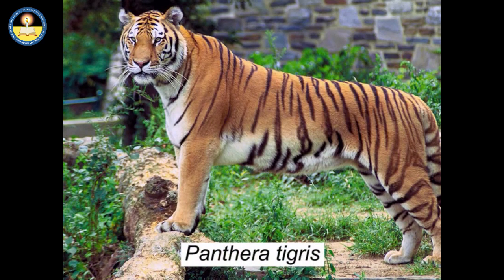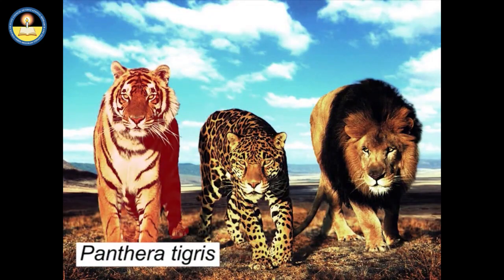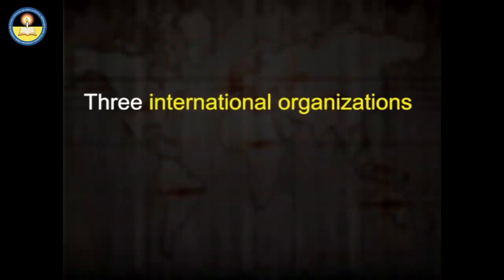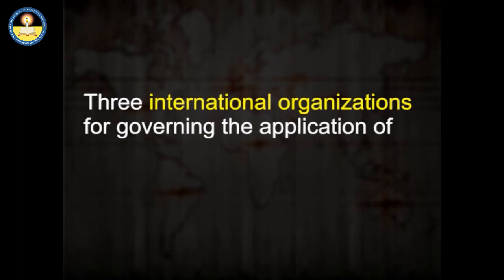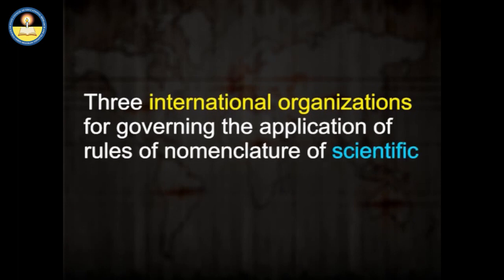Panthera tigris, the name is given to the tiger only. No other animal in any part of the world has been given this name. There are three international organizations for governing the application of rules of nomenclature of scientific names.